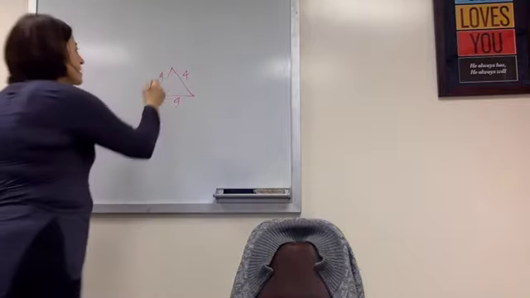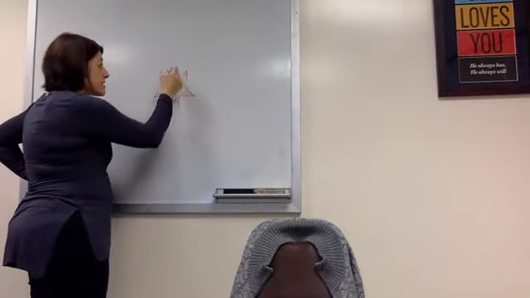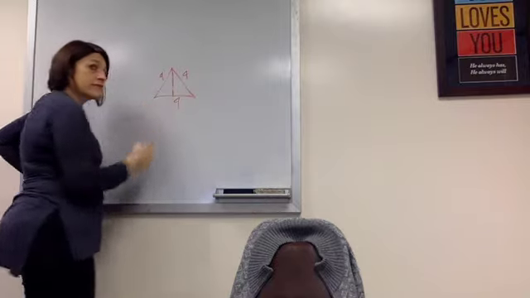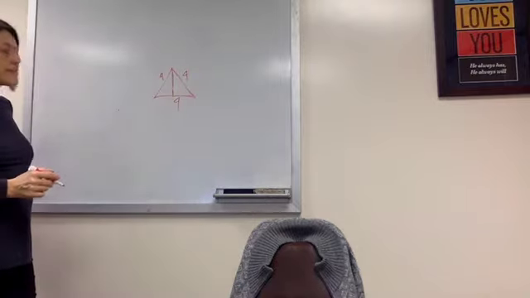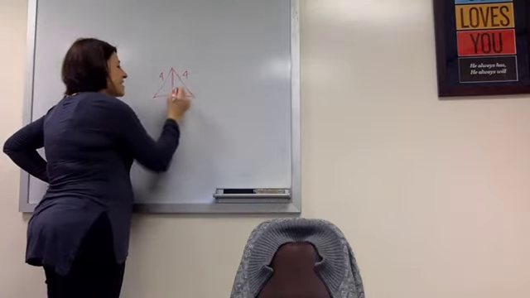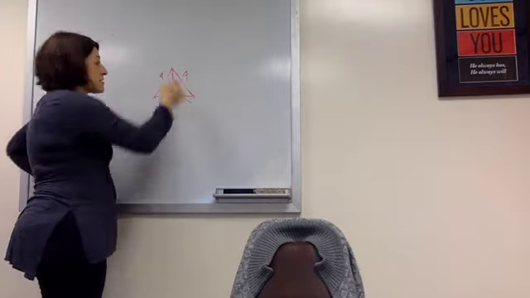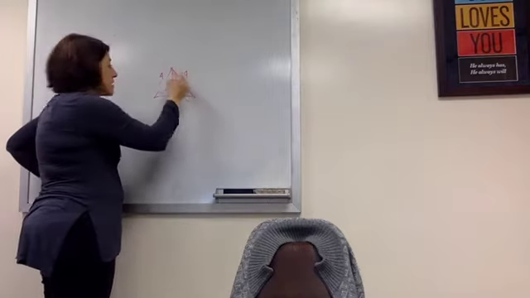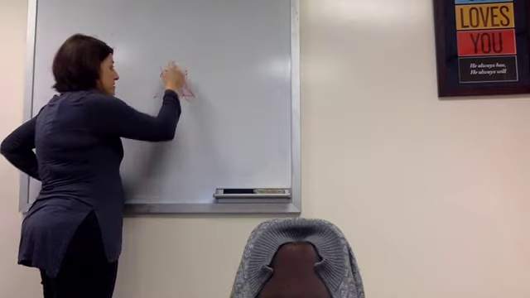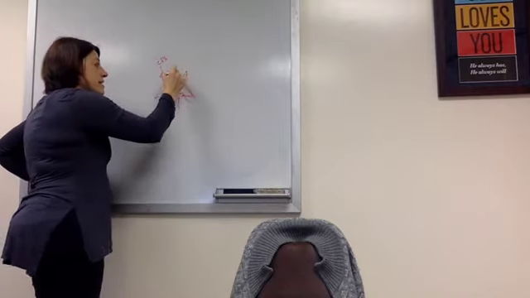Okay, so that means if I drop this altitude, this is where my 30, 60, 90 triangle comes in. So this now is the short leg, and that's going to be 2. There's my hypotenuse, which is 4. And then what's this long leg? Well, it's the short leg, 2, times the square root of 3, right?